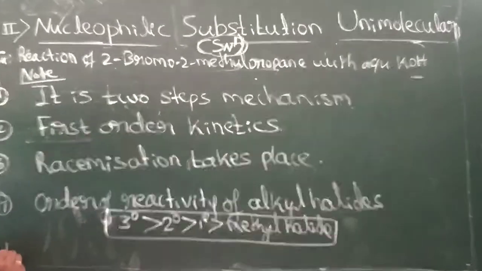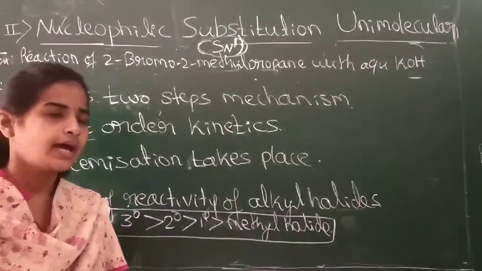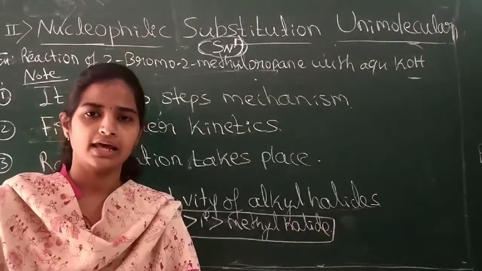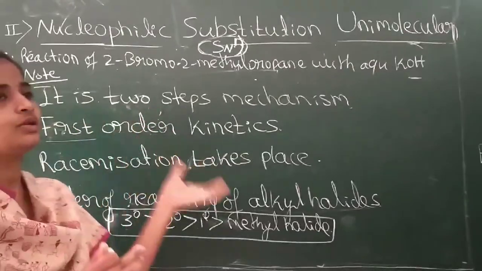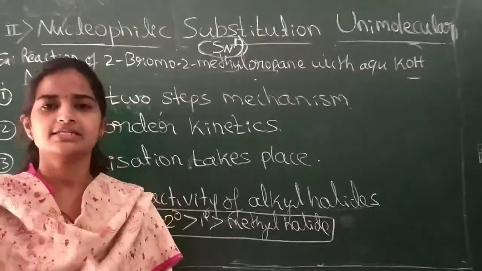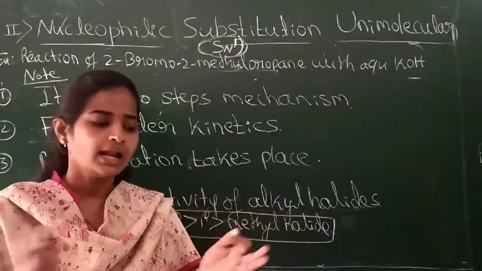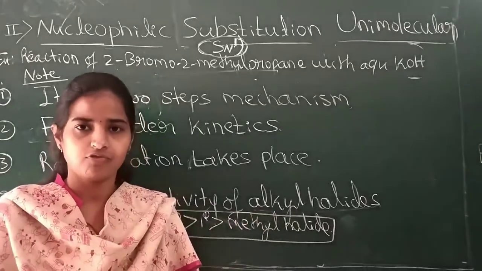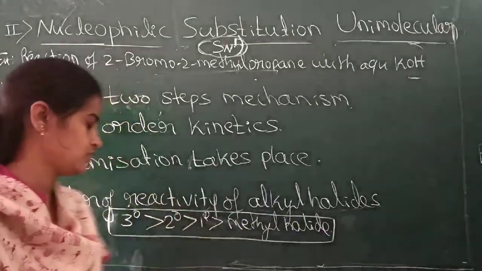Okay, and lastly, either SN1 or SN2, what is the order of alkyl halides? Here in the SN2 mechanism I have taken alkyl chloride as an example. In the SN1 mechanism I have taken alkyl bromide as an example. But out of alkyl chloride, alkyl bromide, alkyl iodide and alkyl fluoride, which will undergo SN1 or SN2 fast?